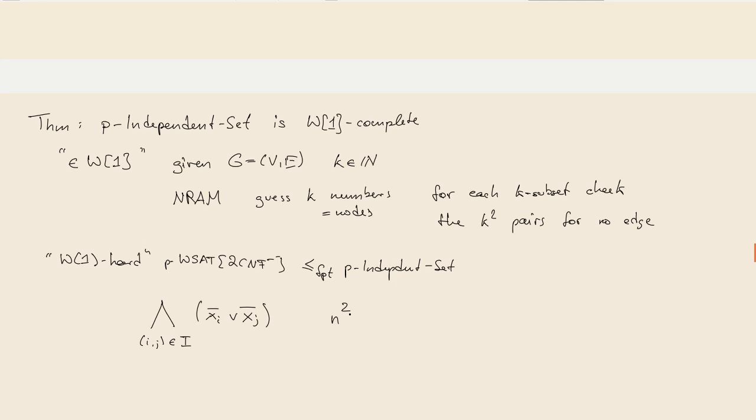So you don't care that xi, xj and xj, xi are two different ones. You will never have more than a quadratic number of such clauses, so you can always compute such a set when you're given a formula. And then this is just used as the edge set in your graph.